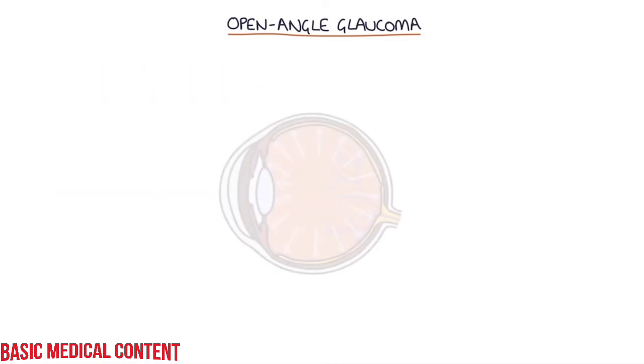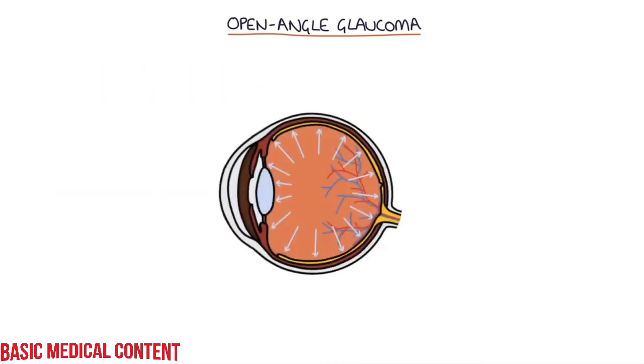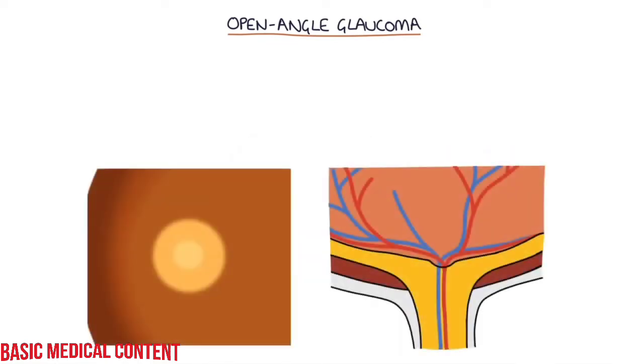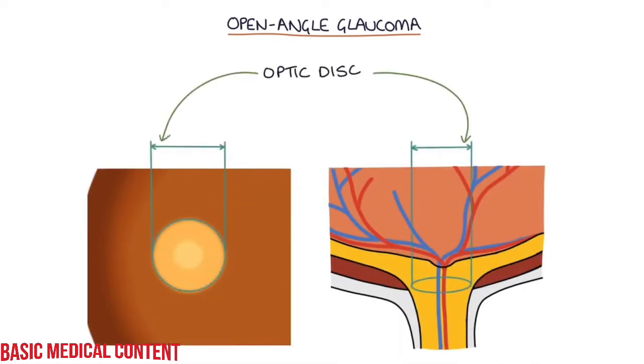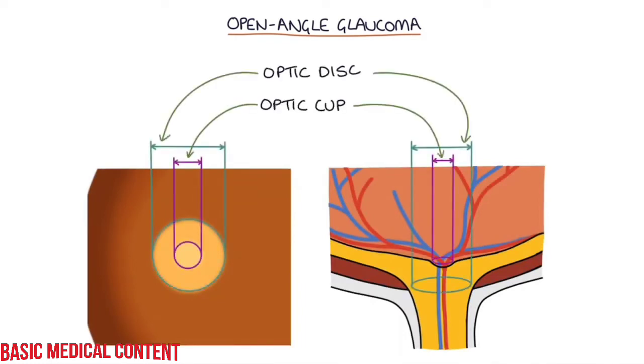So let's talk about the effects of the increased pressure in the eye, and this causes cupping of the optic disc. And remember, in the center of a normal optic disc is something called the optic cup, and this is a small indent in the optic disc and is usually less than half the size of the optic disc.